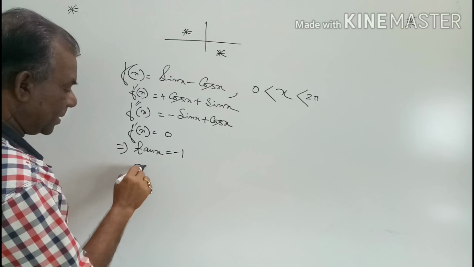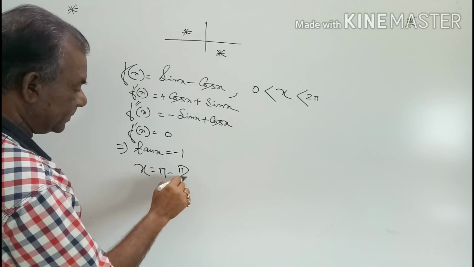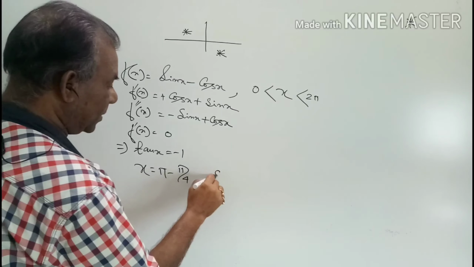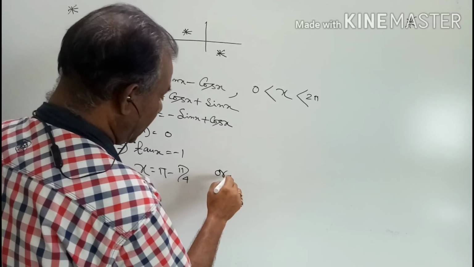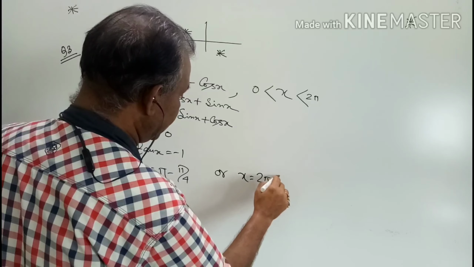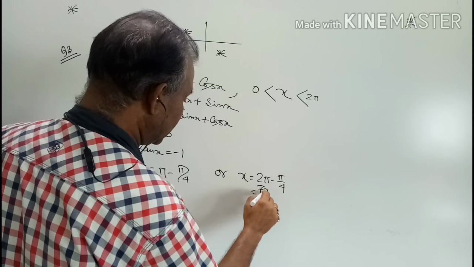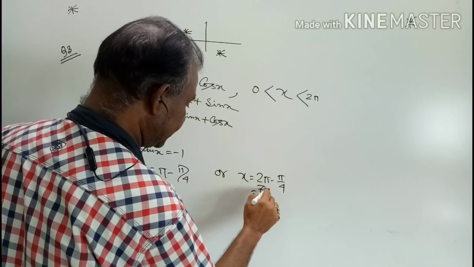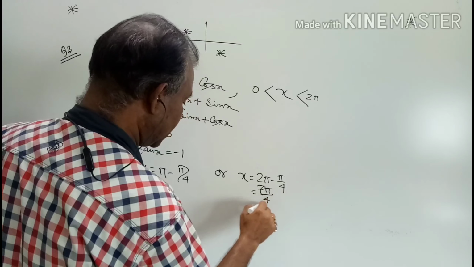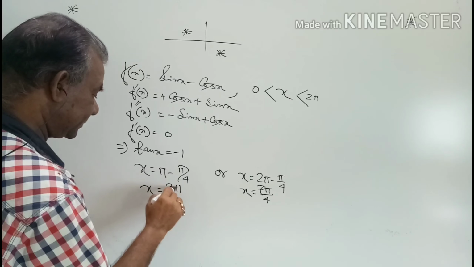So x is equal to pi minus pi by 4, or x equal to 2 pi minus pi by 4, so it will be 7 pi by 4 and x is equal to 3 pi by 4.